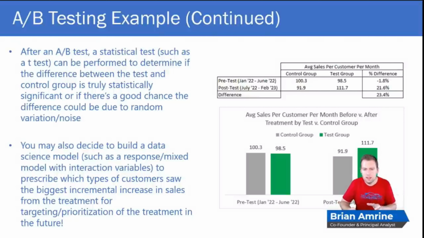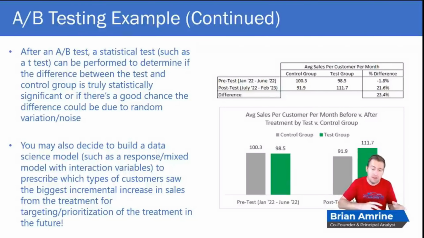Now another thing, before we move on, we would want to conduct perhaps a t-test, a statistical test, to determine whether that difference was statistically significant. You might also decide to build a data science model to determine whether there's statistical significance.